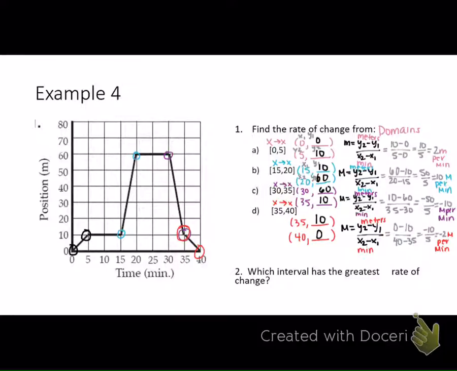So technically, 15 to 20 and 30 to 35 are changing by the most. They still have the same steepness. One's just positive and one's just negative. So the negativity does not matter.